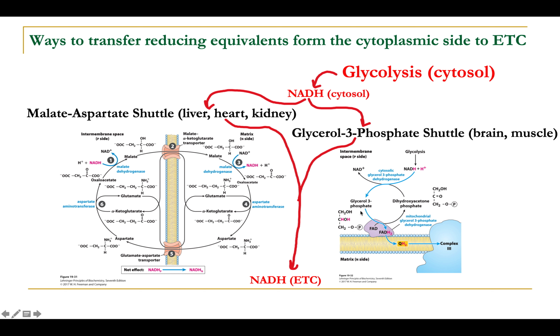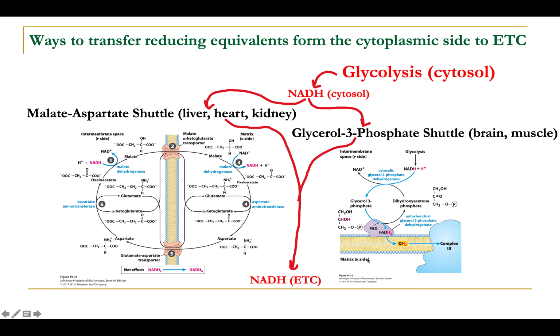So this enzyme uses FAD as a cofactor that is concomitantly reduced to FADH2, and unlike the malate aspartate shuttle, the glycerol 3-phosphate shuttle cannot feed the electrons into the mitochondrial matrix, and it acts very similar to complex 2 by using FADH2 to reduce ubiquinone, which is floating within the lipid phase of the inner mitochondrial membrane and is directly fed to complex 3.